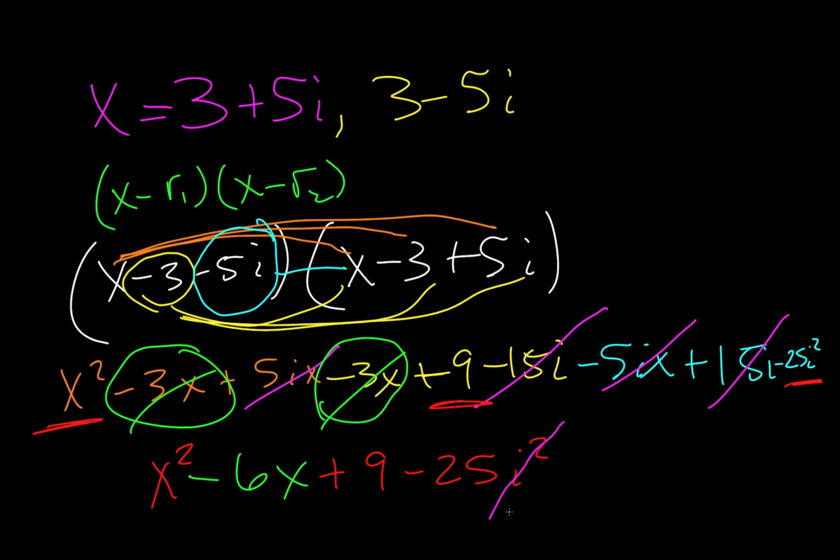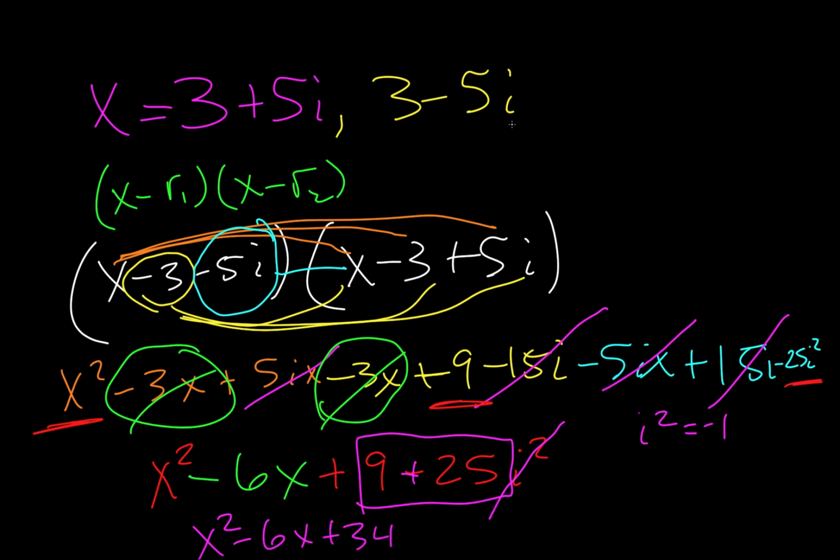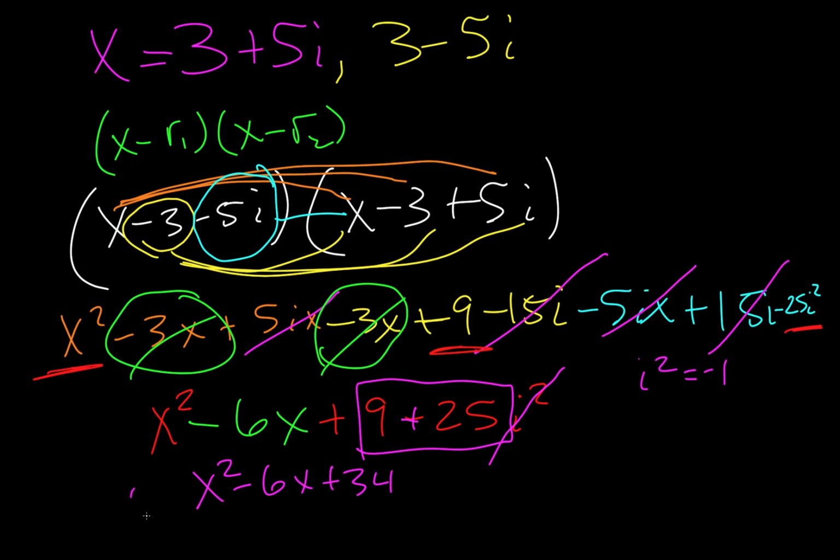You can cross out i squared and change the sign, because i squared is equal to negative 1, so negative 1 times negative 25 would just be positive 25. Now these are just constants, and so we have x squared minus 6x still, and then if we add these two together we get 34. And then we can just set this equal to y, and that can be our quadratic function.